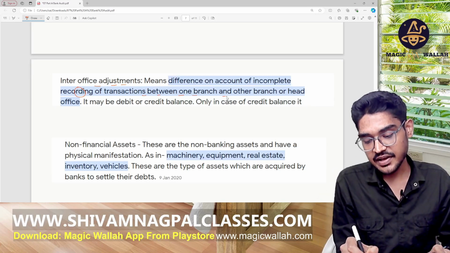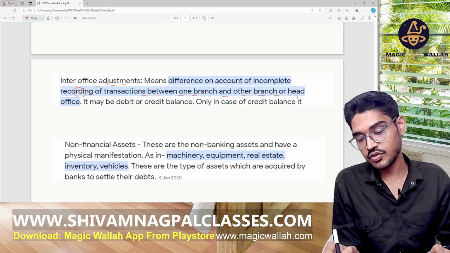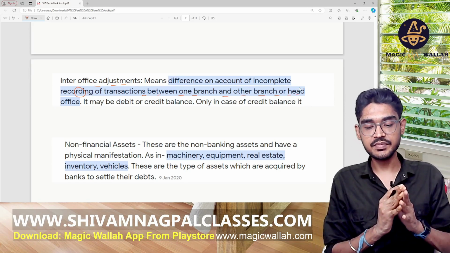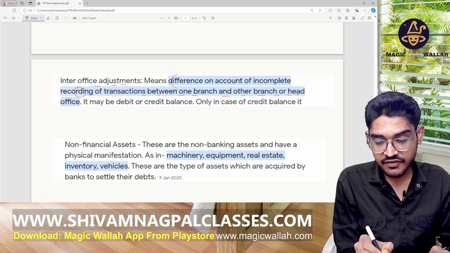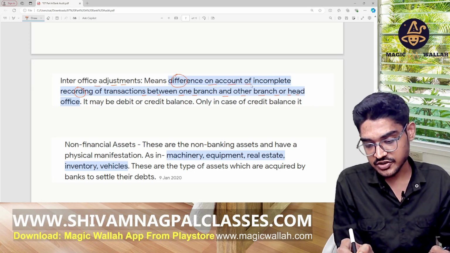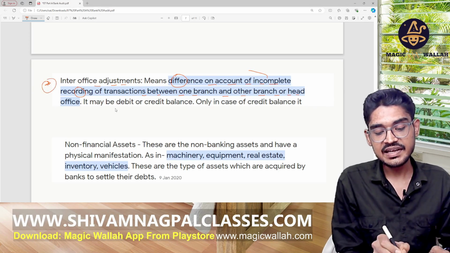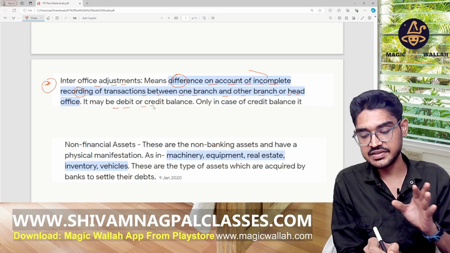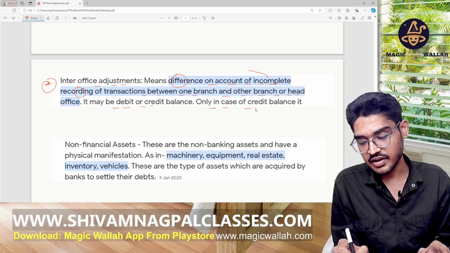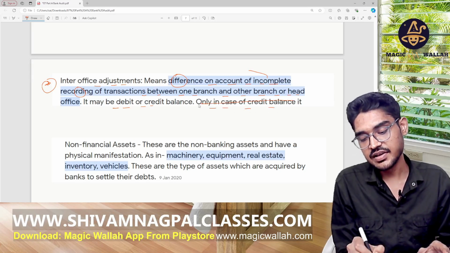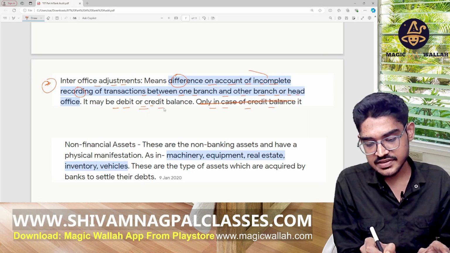Many a time different branches or the head office do transactions between them. So any difference on account of incomplete recording of a transaction is called an inter-office adjustment. It may be a debit balance or a credit balance, since it is an incomplete entry.